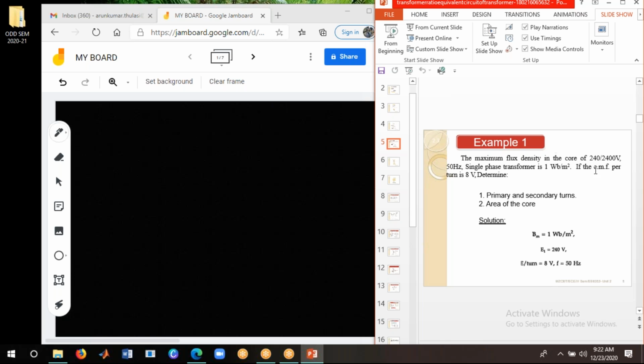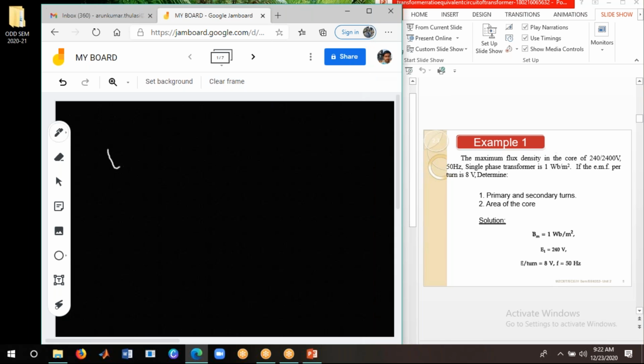Oh, this one. Okay, so they have given the maximum flux density. Now for finding the area of cross section, we can write E1 equals 4.44 f phi m N1. This is the equation for EMF induced in the primary.